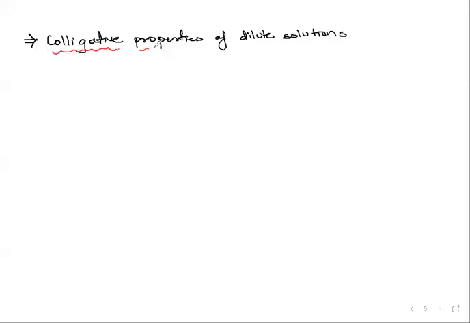Now what is this colligative property? Colligative properties are the properties of solution which only depend on number of solute particles, that means concentration of solute particles, irrespective of its nature.